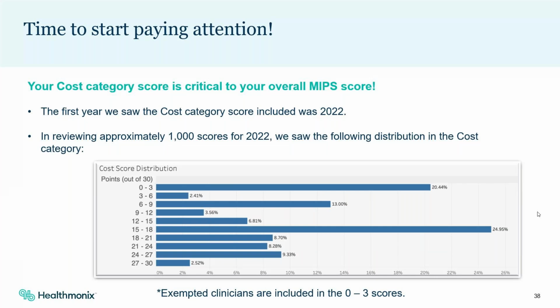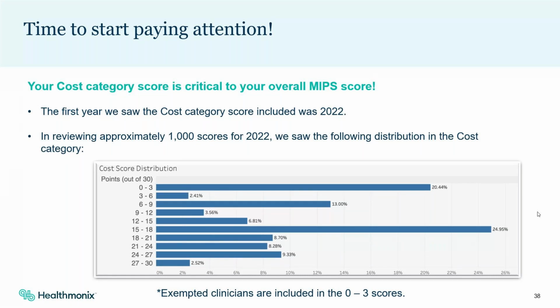The one thing to point out is that some clinicians who are exempt from cost are possibly also in this 0 to 3 range. So getting a 0 for those people means that they got a 0 out of 0 and not a 0 out of 30. But there are also some clinicians getting a 0 out of 30. But you can see sort of where these distributions fall.